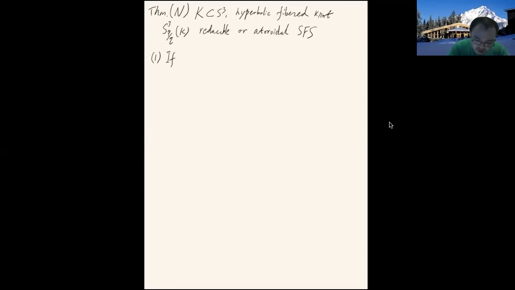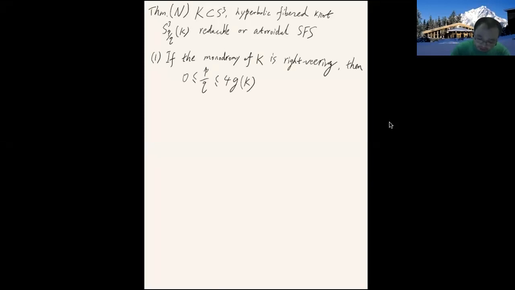The first case is if the monodromy of K is right-veering. Then one can say that P over Q is between 0 and 4GK, where G is the Seifert genus of K.